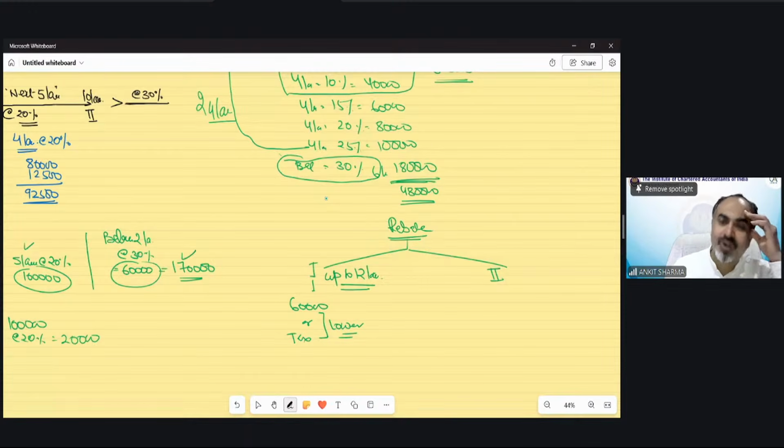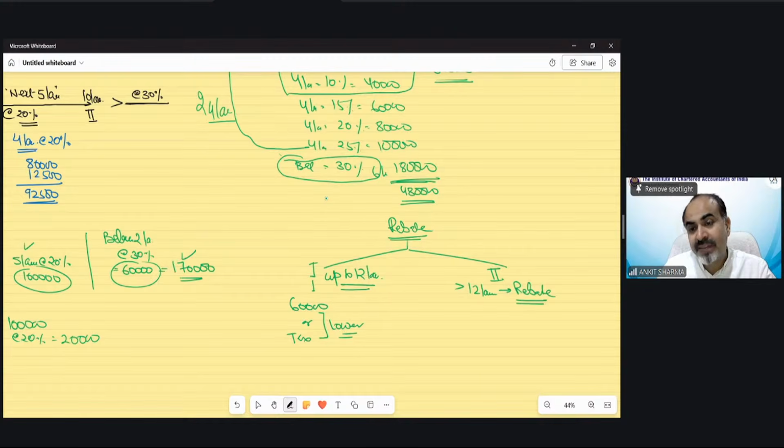But in case of the default tax regime, even if your income exceeds 12 lakh rupees, you can claim rebate, up to a limit.